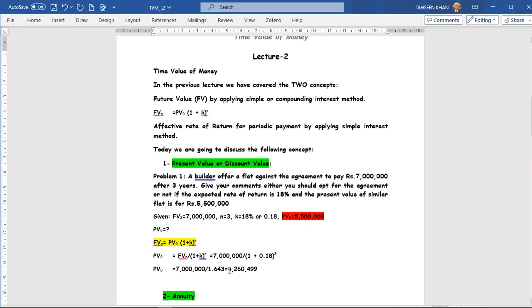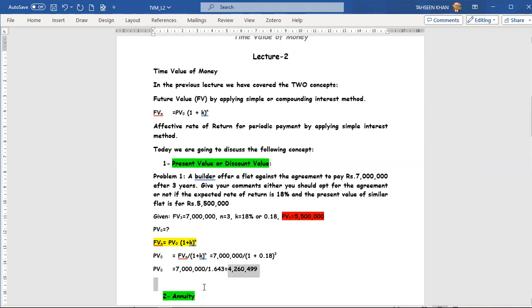So here we calculate the discounted value of the flat that we have to pay after 3 years. It's 7 million, and by applying the interest factor of 18%, the value comes to 4,260,499. That is less than the present value of the similar flat, which is 5.5 million. So we should opt for this option.